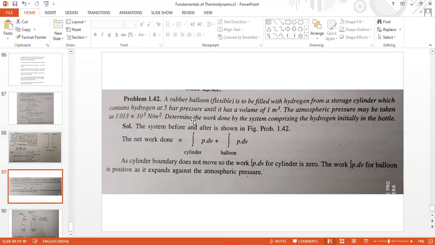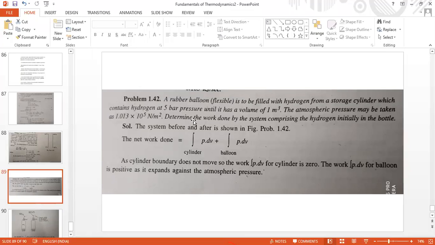What is required from that storage cylinder? A rubber balloon is to be filled until it has a volume of 1 meter cube. That means the rubber balloon initially is flat and it has to be filled by hydrogen until the volume becomes 1 meter cube.